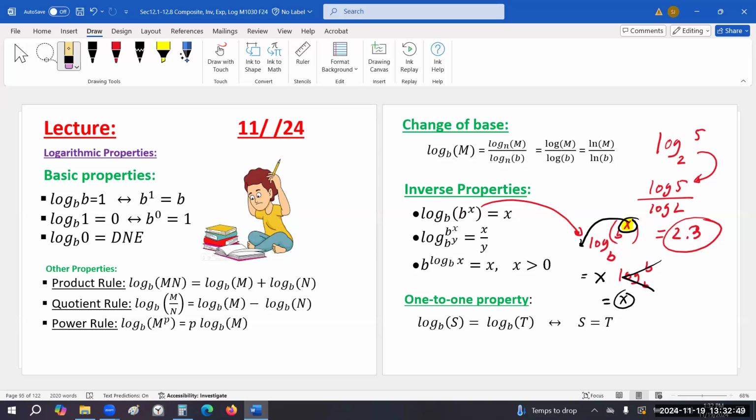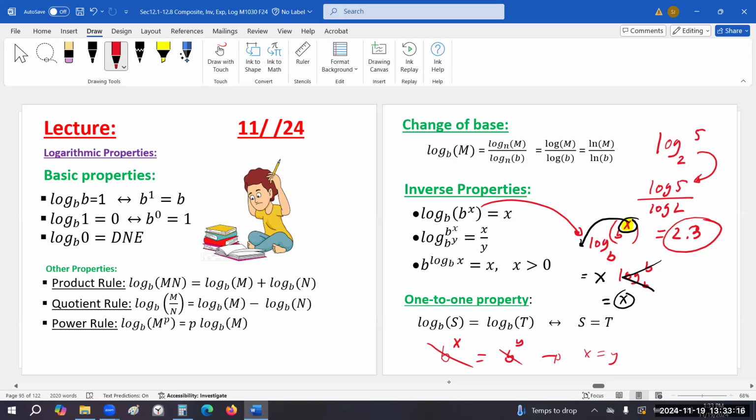One-to-one property says as long as we have only two logs, one on each side of the equal sign, and we have the same base, you're allowed to cancel them. Just like the exponential property, if you had b to the x equals b to the y, same base means you're allowed to cancel them, and x equals y.